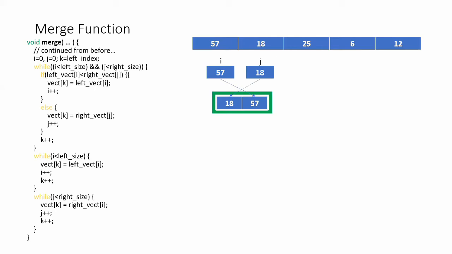And we do that here. So in this case, the right vector of j is less than the left vector of i, right?